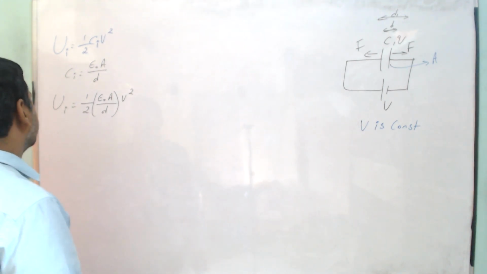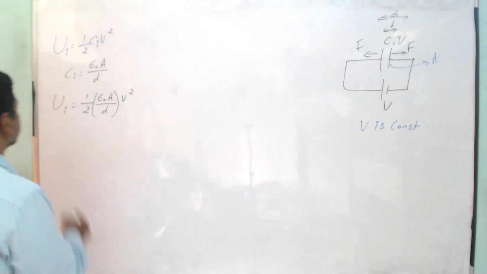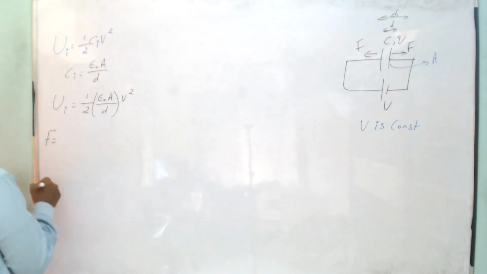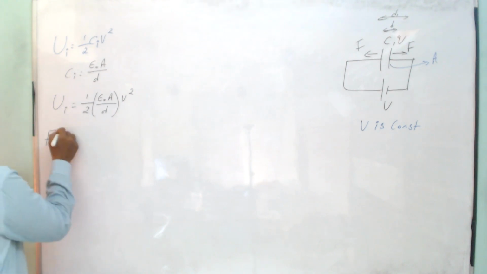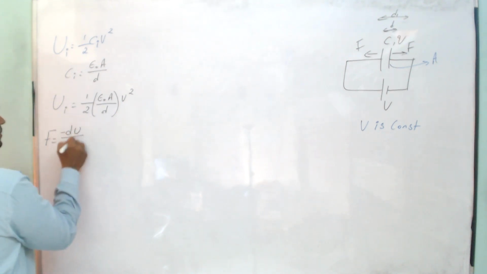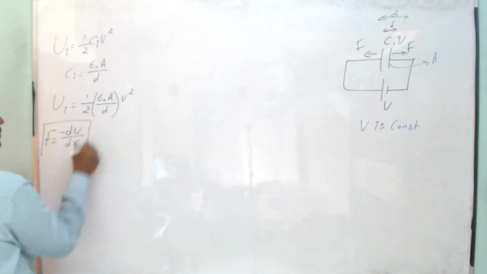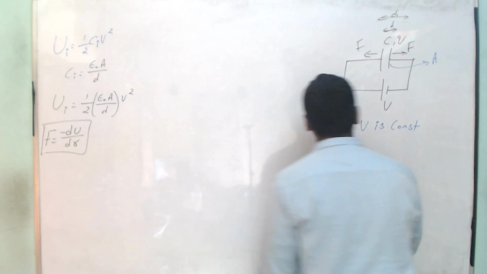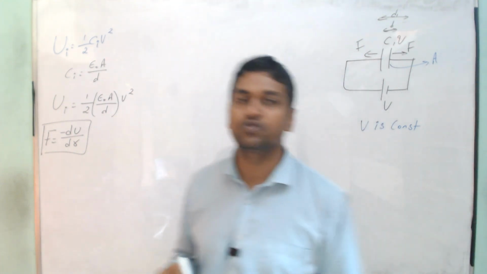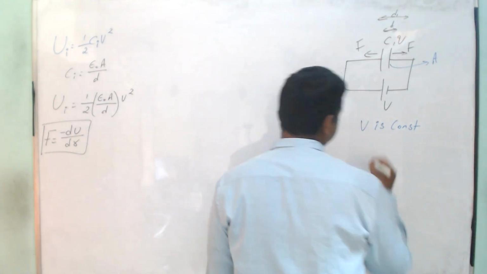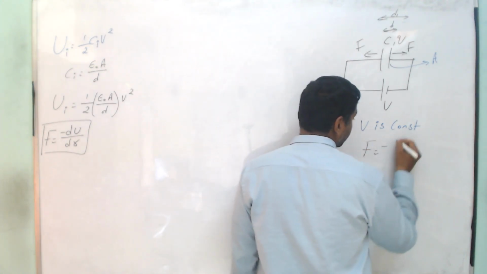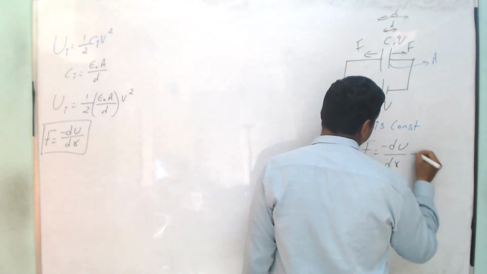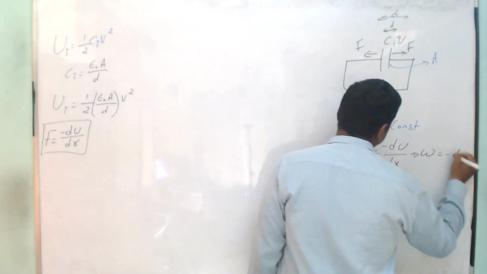Now, here if I want to talk of force, can I write it as minus dU by dr? It will be half epsilon naught A upon D square into V square. Remember, in energy story, I always told you, I can write F is equal to minus dU by dr only when my work is minus dU.